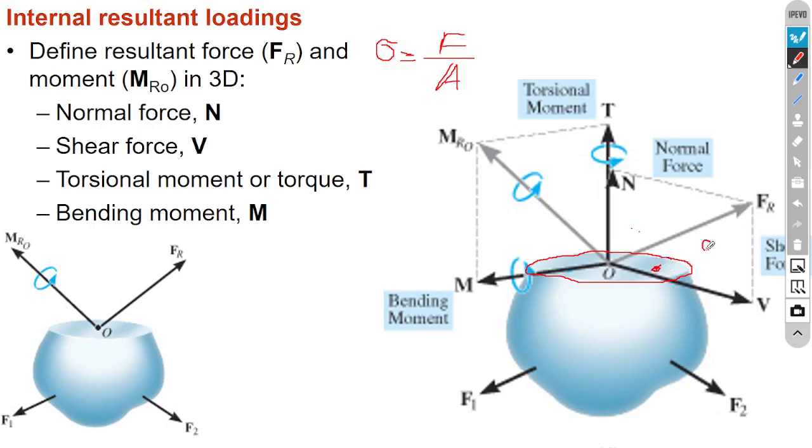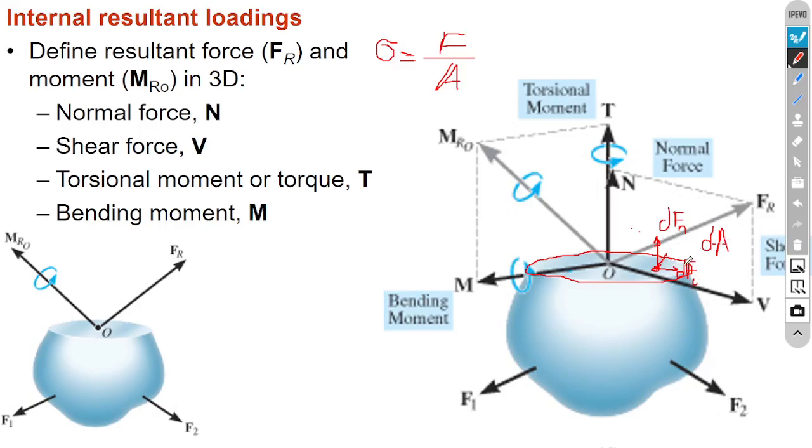Its area is infinitesimally small, and the corresponding bonding force acting on that part of the surface, the normally directed force, is infinitesimally small, dF normal, and this is dF tangential.